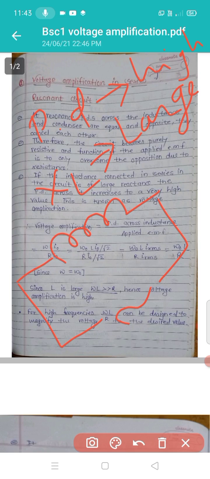This is known as the voltage amplification. Here the voltage has a very high value. The voltage increases, hence we get the voltage amplification.